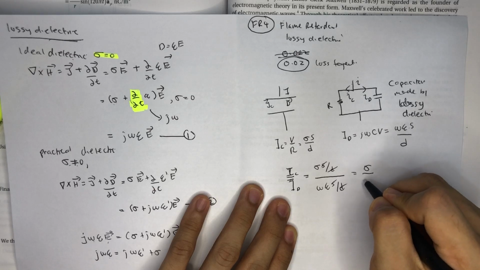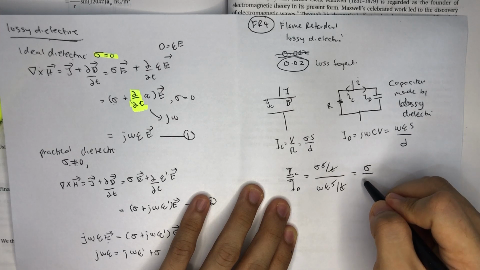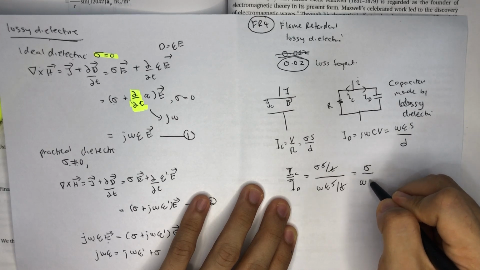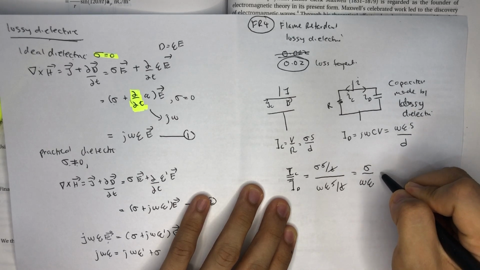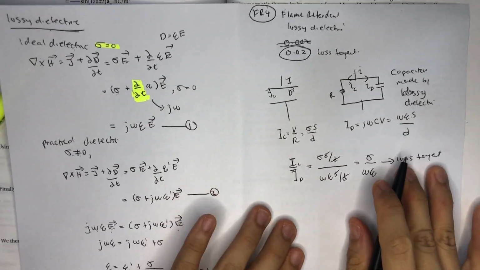Then we have sigma over omega epsilon. So this is actually your loss tangent.